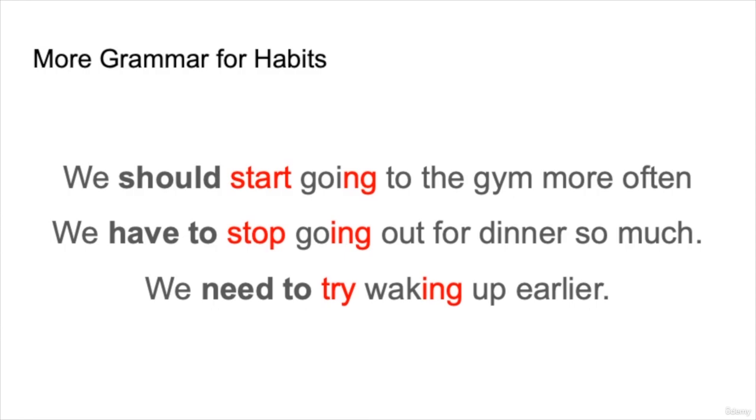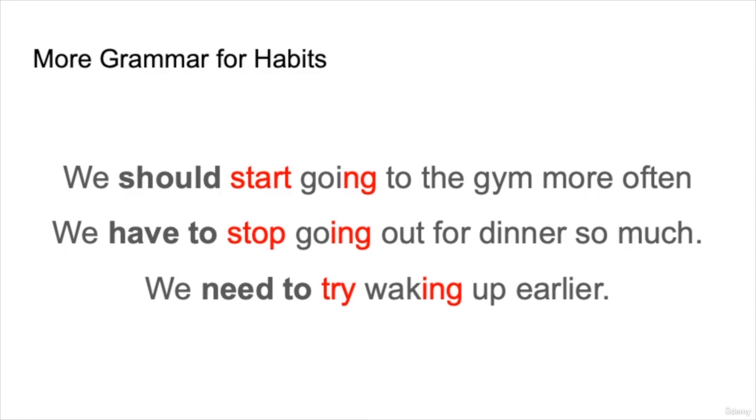So right now, we don't do something, but we should start a habit of doing so. For example, we should start going to the gym more often. Right now, we do not go to the gym often, but it's good for our health to start going.